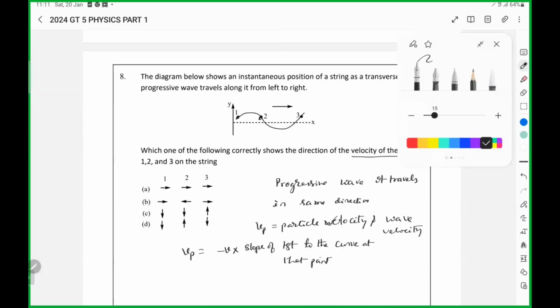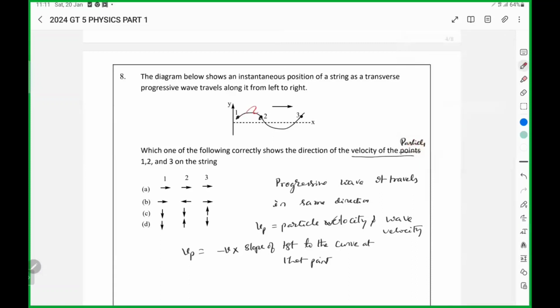So here at 1, if you draw a tangent, theta is acute, tan theta positive, slope positive.